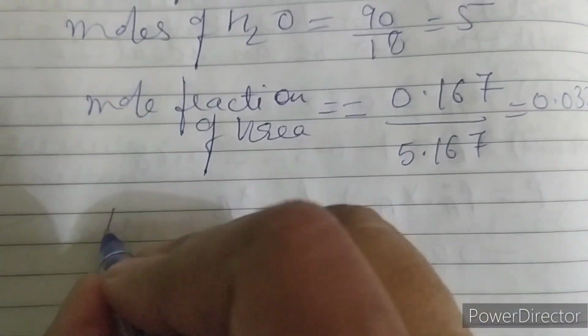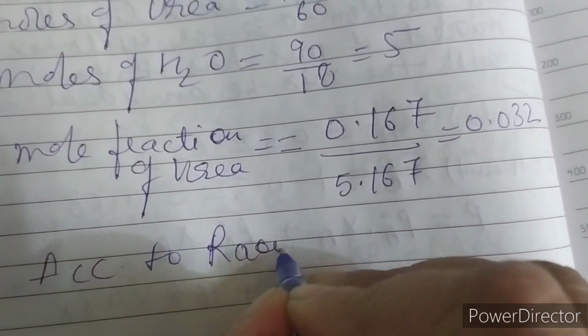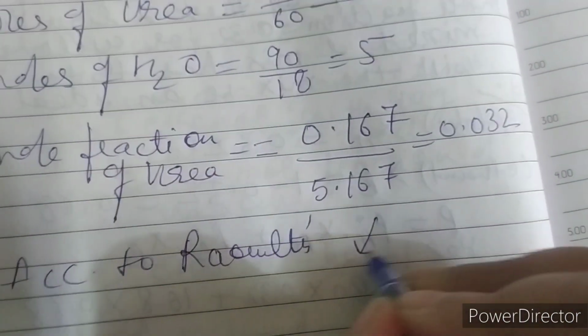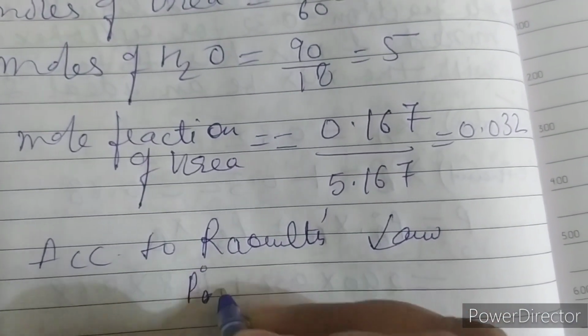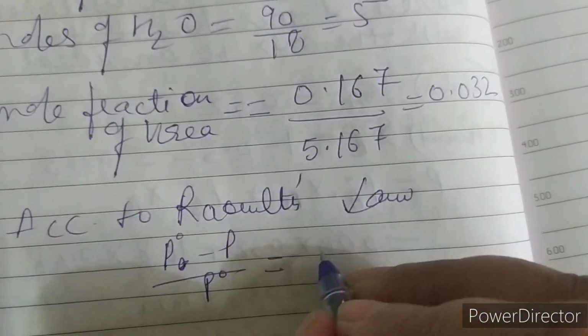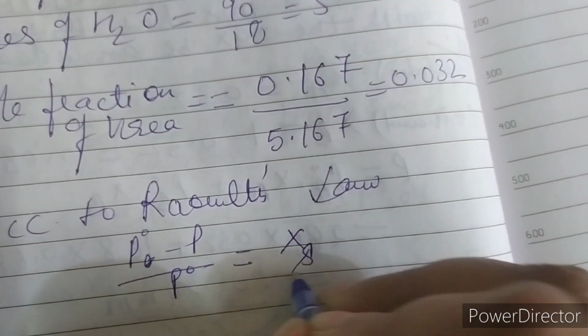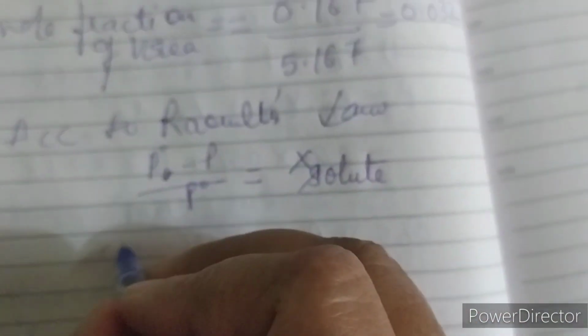So according to Raoult's law, P naught minus P upon P naught is equal to mole fraction of the solute, that we have read, that is relative lowering of vapor pressure is equal to mole fraction of solute.